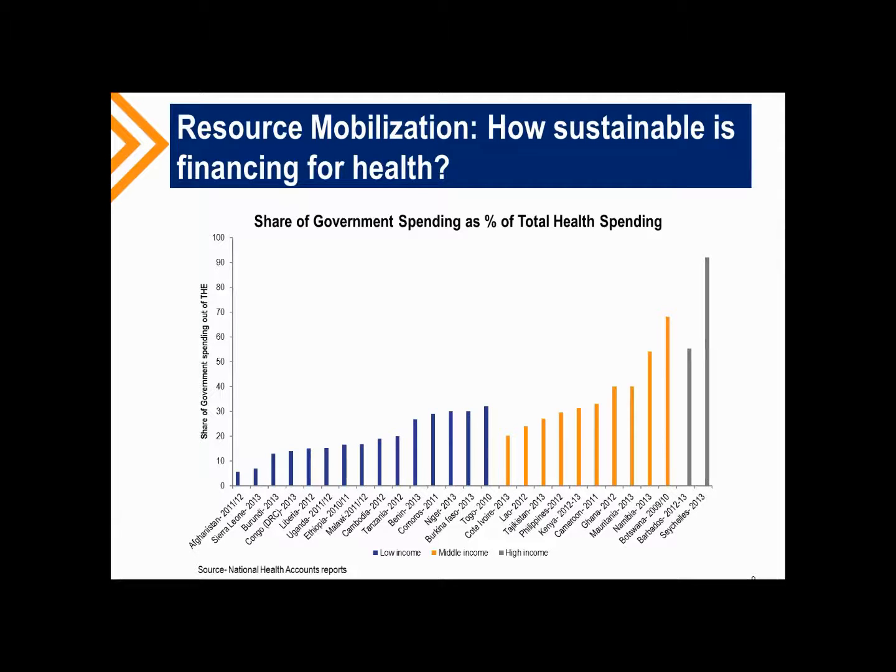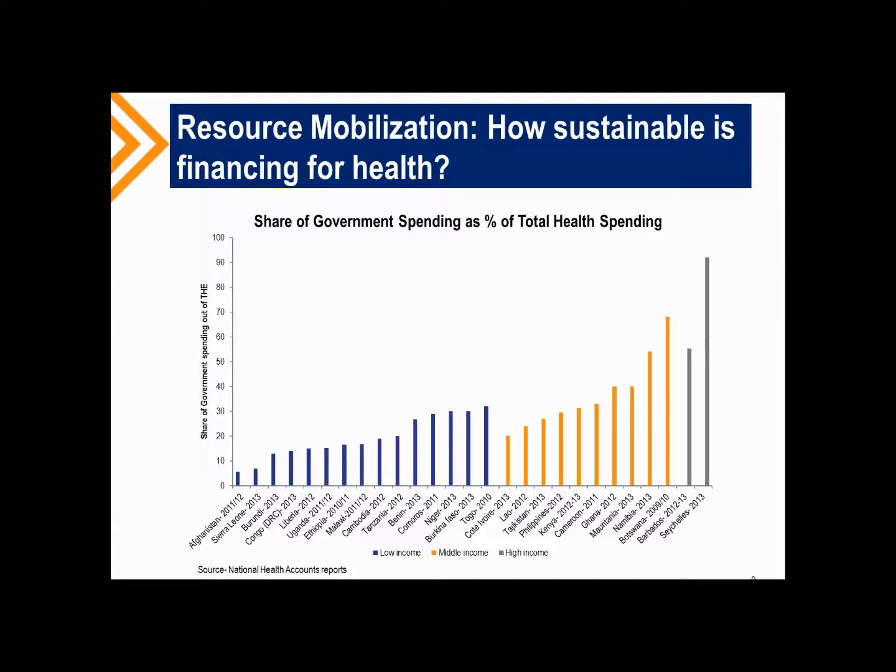So if we look at the graph displayed here, you can see data for 27 countries, predominantly low and middle income countries. And the graph displays the share of government spending on health out of total health spending within each country.